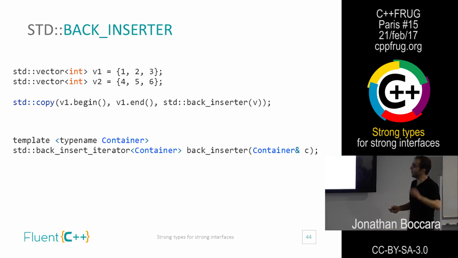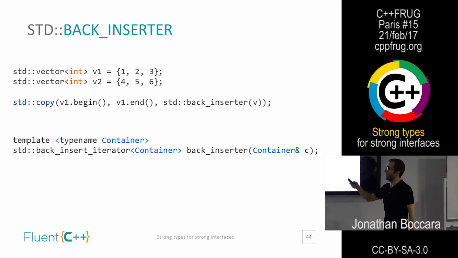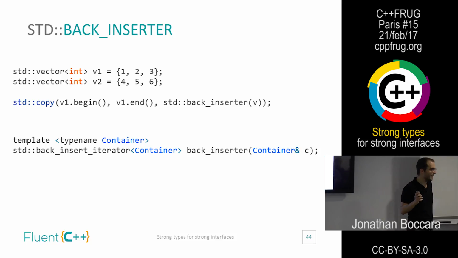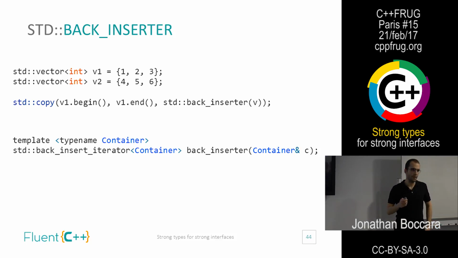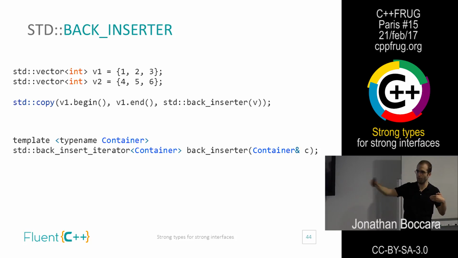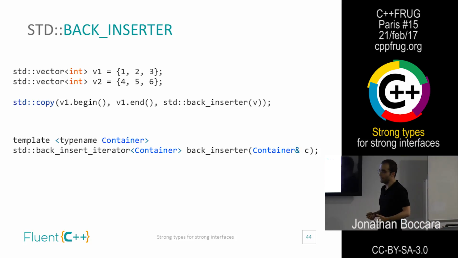Right. So for example, the typical usage of back_inserter is to append data at the end of a vector. And in that case, you really want the iterator to take a reference to the vector. If you have a copy of the vector, then it's all for nothing because you're pushing into a vector that's just stored in your NamedType, but that's not the one you want to append to, right? So passing by reference may be important.